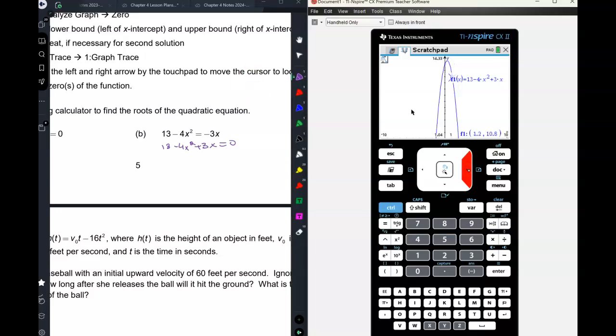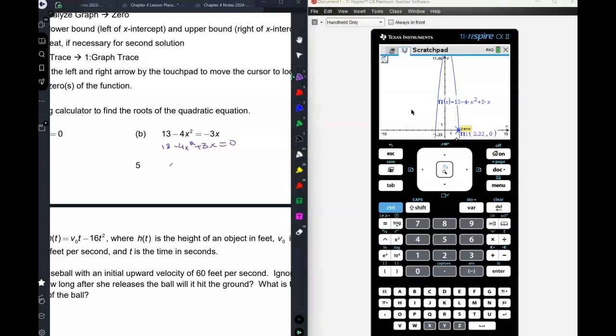So take a look. I'm going to go back here. As you go to the critical points, look at this one. When you go to the maximum, it actually labels maximum for you, right? That's the vertex. So now I'm going to go over. Don't go too fast so you don't miss it until it says zero. Look at that. It says zero, right? 2.22.